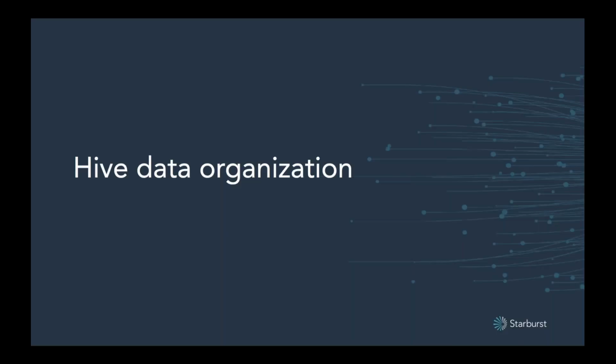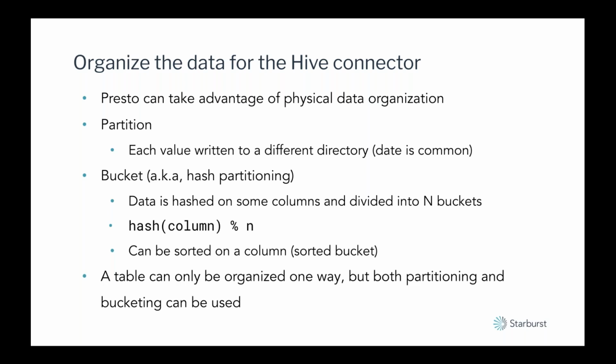I'm going to talk about how data is organized in Hive and how that affects queries, because this has a huge effect on the amount of work you're going to end up doing in your Presto queries. So Hive has a bunch of ways of organizing data. Presto, as an engine, can take advantage of the physical organization of data from connectors.